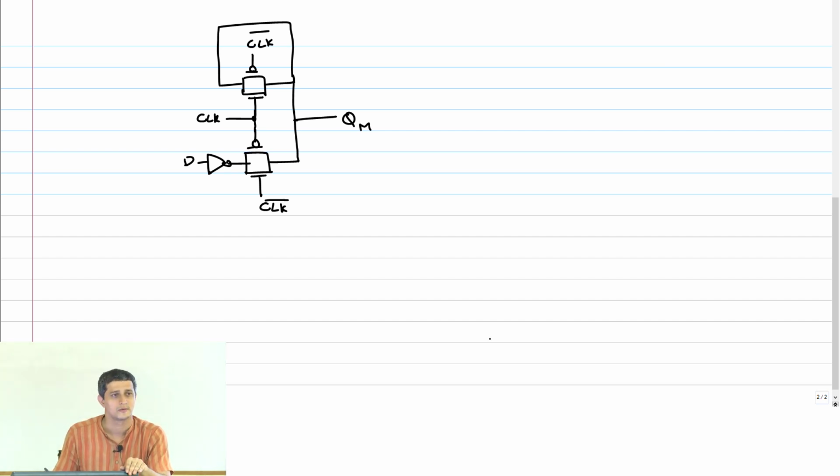Any questions? This is clock. No, we need a negative latch here because I'm going to construct a positive edge triggered flop now. Okay, this is a negative latch. So I'm going to now put inverters here.